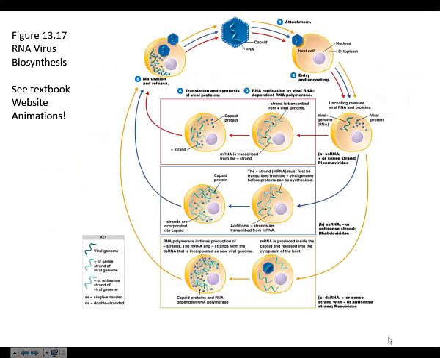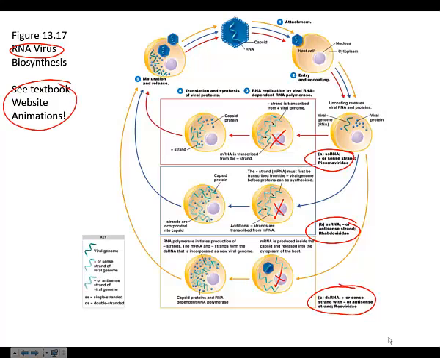This figure shows the many different pathways of biosynthesis for RNA viruses, depending on whether they're single-stranded plus strand, single-stranded minus strand, or double-stranded RNA viruses. None of these viruses use the nucleus in their biosynthesis. Again, check out the textbook website animations for a greater understanding of RNA virus life cycles.